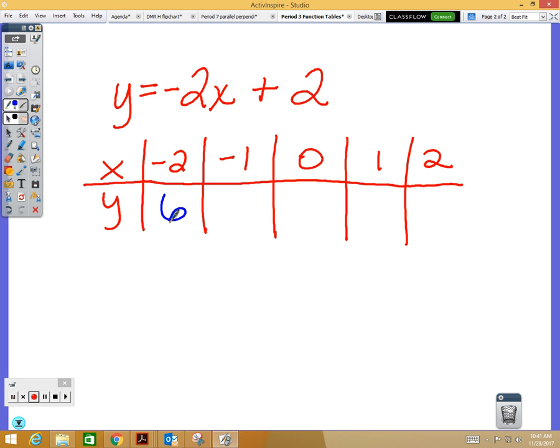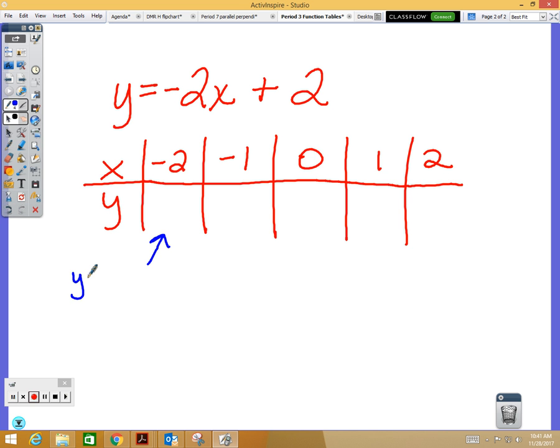Now we do negative 1. Negative 2 times negative 1 is positive 2, and then 2 plus 2 is 4. Okay. All right, let me back up then. Okay, for this one right here, I'm replacing the x with a negative 2.